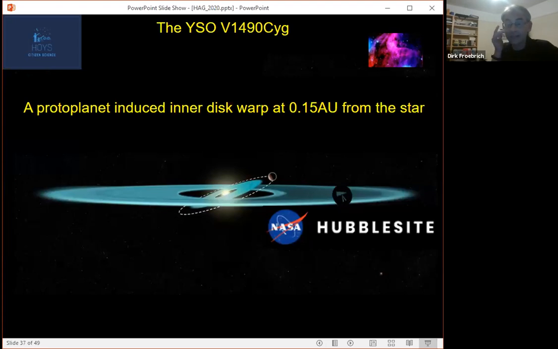So there has to be another explanation to make this structure. The only sensible other explanation is that there is a planet in this accretion disk that has already formed, and that planet has an orbit that is inclined to the main part of the disk. What that planet will do is tilt the inner part of the accretion disk in the way shown in this cartoon from the NASA website.